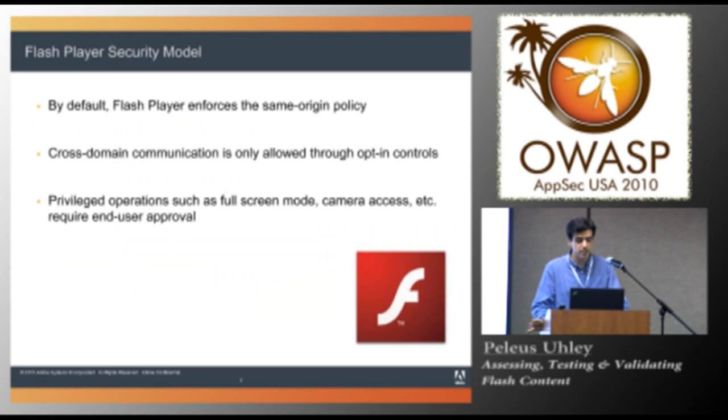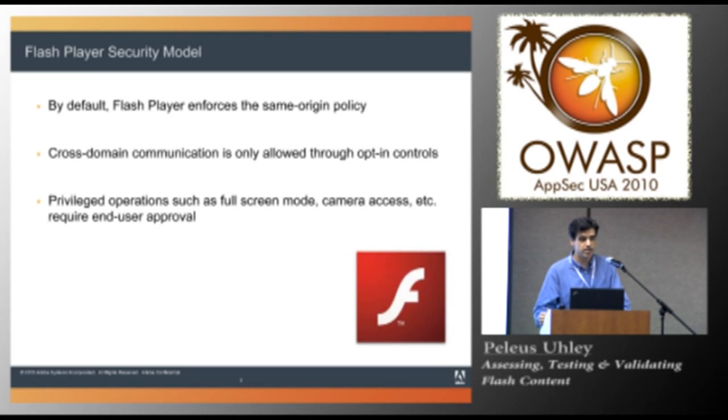But at the end of the day, a lot of this can get summarized down into basically 3 basic concepts. By default, Flash Player will enforce the same origin policy. We don't try to break the web browser security model. We enforce the same origin policy, and we try to give consistent behavior that you would get with the web browser. In places where we do allow the content to extend itself past the same origin policy or past what the browser typically does, in those cases, we have opt-in controls.